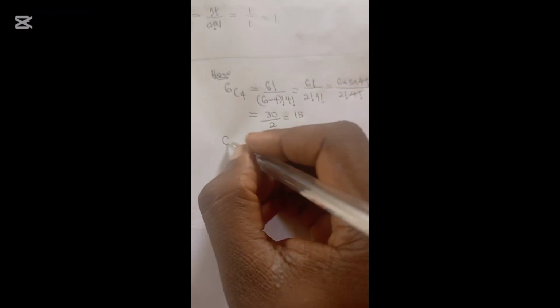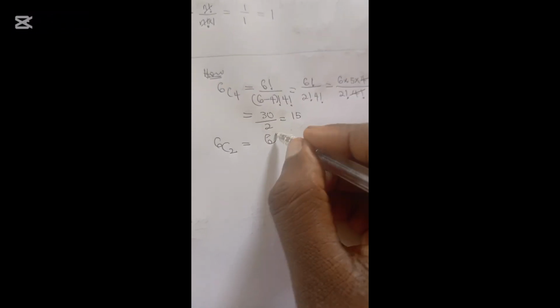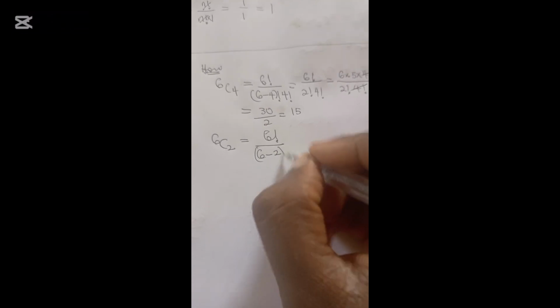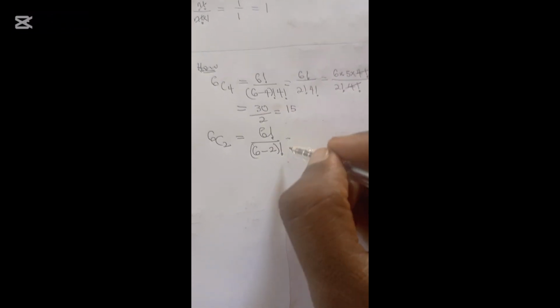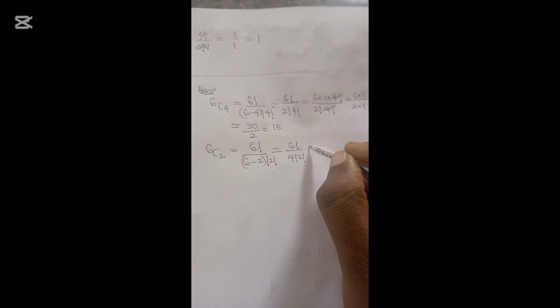So 6 combination 2 will also be, from the definition, 6 factorial over 6 minus 2 factorial, then 2 factorial, which later will be equal to 6 factorial over 4 factorial, 2 factorial, which later gives 6 times 5 times 4 factorial over 4 factorial times 2 factorial.